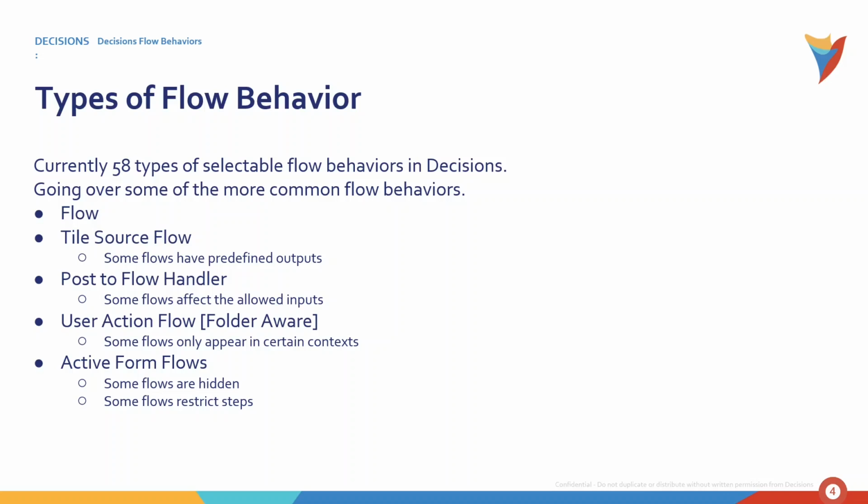So we're going to go over the simple flow, which I've already shown, the tile source flow, the post to flow handler, the user action flow, folder aware, and the active form flows. All of these demonstrate different aspects of how the flow can change based on what behavior type you set it to.